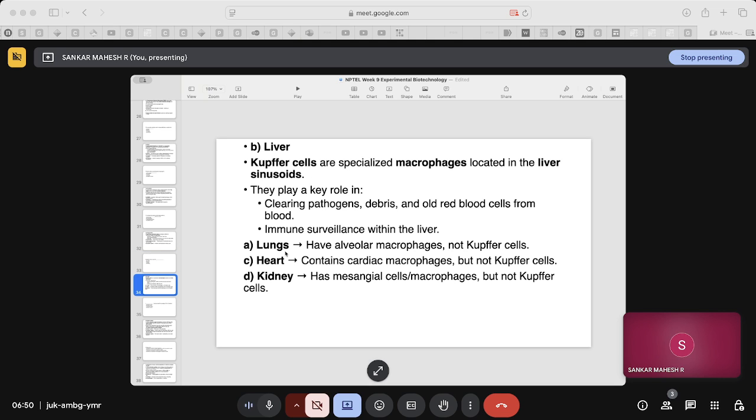Yes, these are macrophages that are specifically in the liver and they play a role in immune surveillance. In lungs, we have alveolar macrophages, in heart, cardiac macrophages, and in kidney, we have mesangial cells. So, these cells are specialized and present only in the liver. Good.